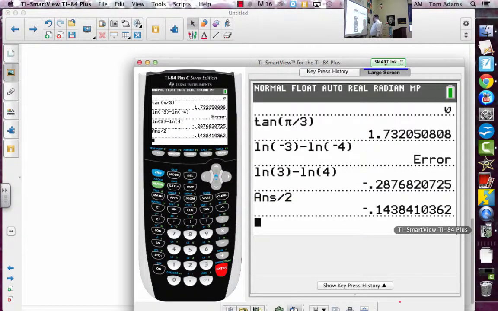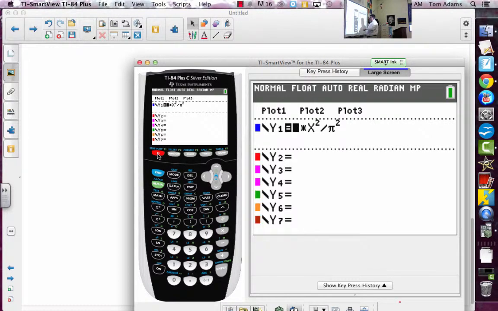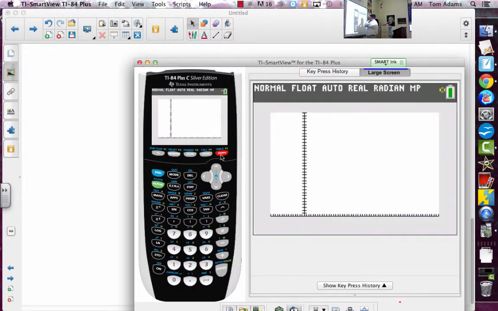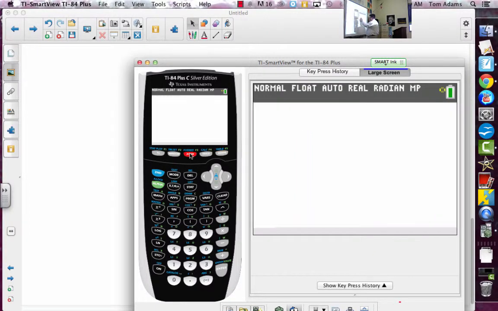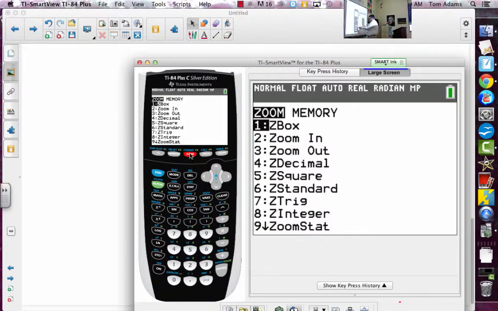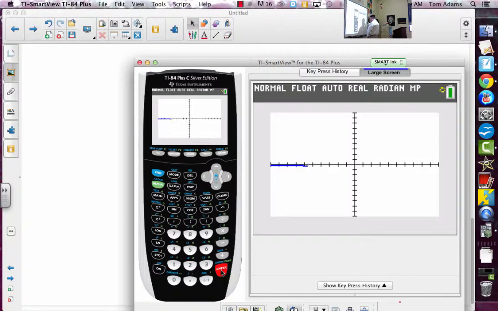You can even evaluate this. Now to double check this, I'm going to graph the original equation, which was x divided by the quantity x squared minus 4. It's not quite parabolic, but I'm going to change the zoom to a standard zoom so we can see it.